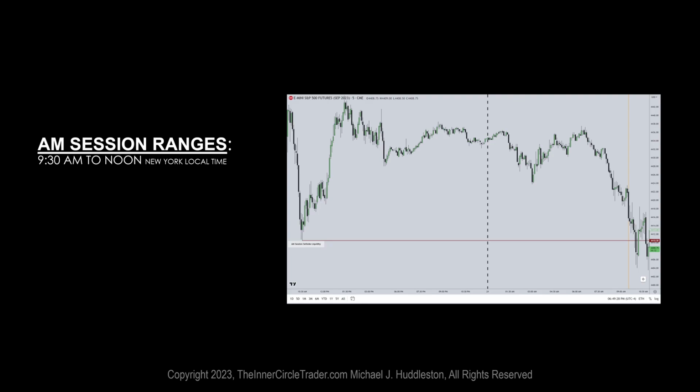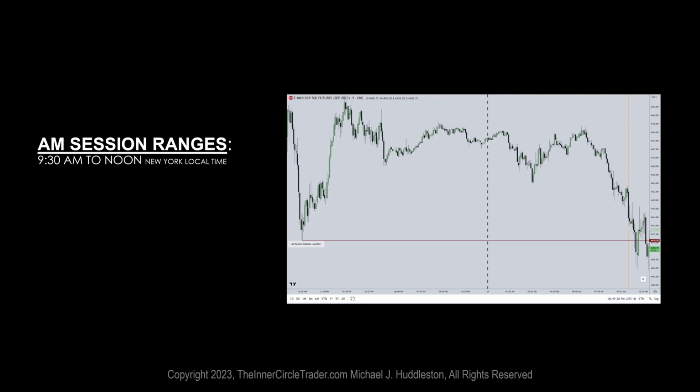If we have an elongated market where the New York morning session of the current trading day is consolidation, and then during the lunch hour it's consolidation as well, and we're bearish, we look at the previous session's trading.